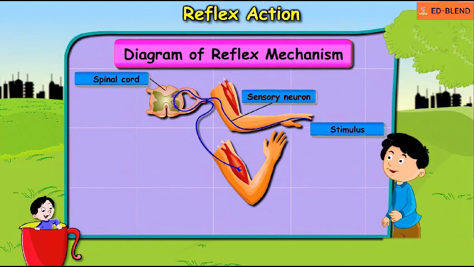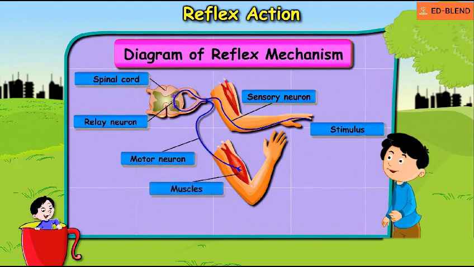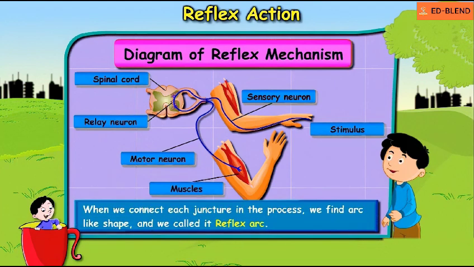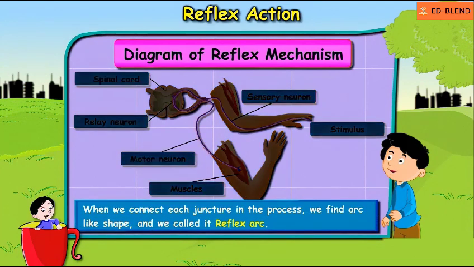The stimulus then goes to the relay neuron from the spinal cord and then to the motor neuron and finally to the muscles which enable the action. So when we connect each juncture in the process, we find an arc-like shape and we call it a reflex arc.